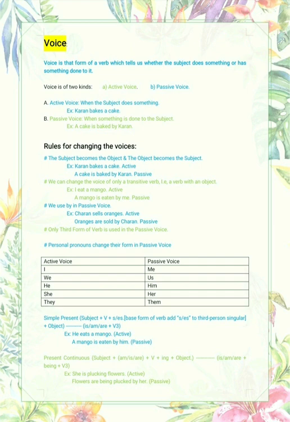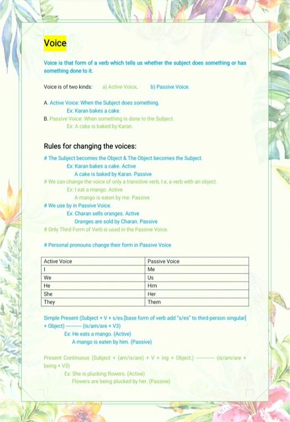Okay. Now, there are certain rules for changing the voices, like the subject becomes the object and the object becomes the subject. When we are changing the sentence from active voice to passive voice, we will always change the subject and object.